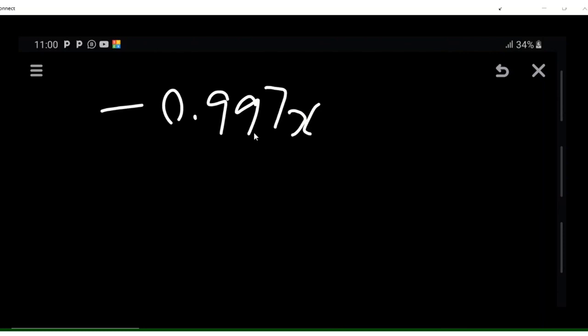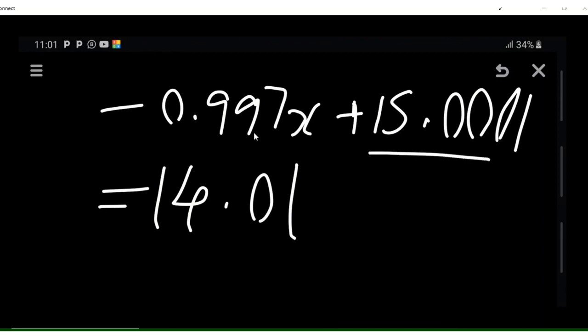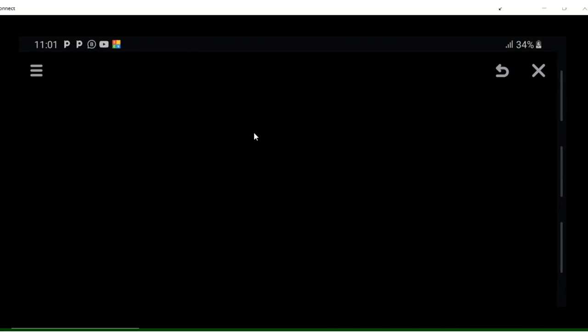Now when you put like terms, 15.0001x, you take them to 14.01, then you subtract there. What I mean is, we have plus 15.0001x equal to 14.01. This one you move to the other side, it will become a minus, right? So we subtract from there.